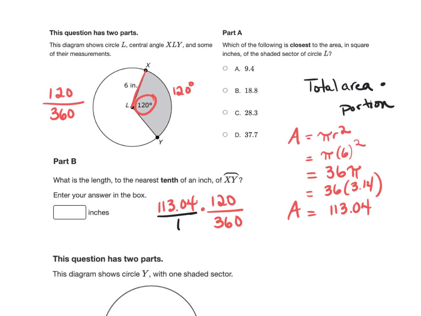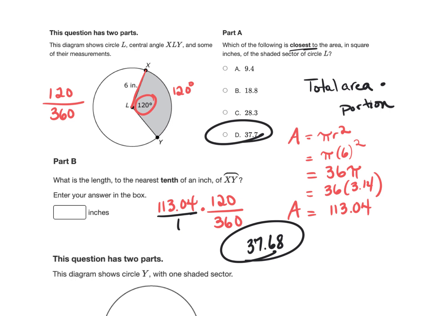So we're going to multiply 113.04 times 120 and then divide by 360. That gives me 37.68. And if you notice, it says closest, so when we round our answer, we get D.